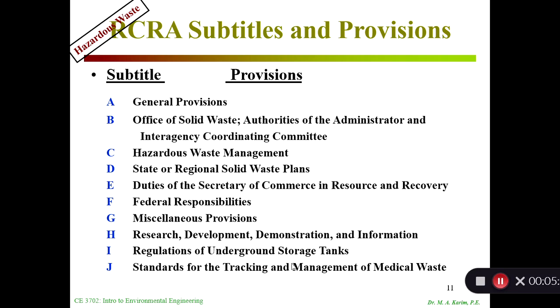A is general, B is Office of Solid Waste, C is hazardous waste, D is state or regional solid waste plans, E is duties of the Secretary of Commerce in resource recovery, F is federal responsibilities, G is miscellaneous, H is research, development, demonstration and information, I is underground storage tanks, and J is standards for the tracking and management of medical waste.